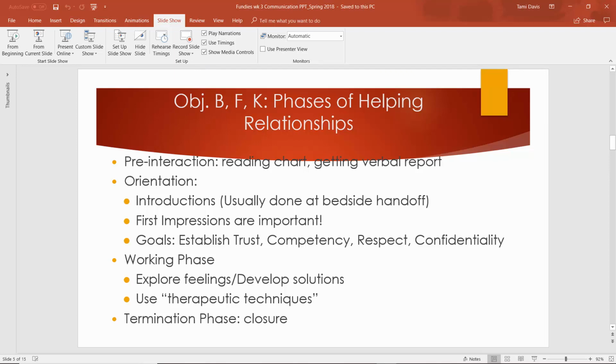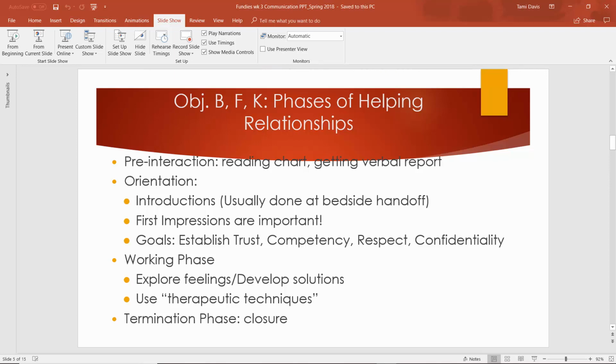You're going to prioritize problems, clarify the patient's and your roles, lay out expectations, and let the patient know when the relationship is going to be terminated.